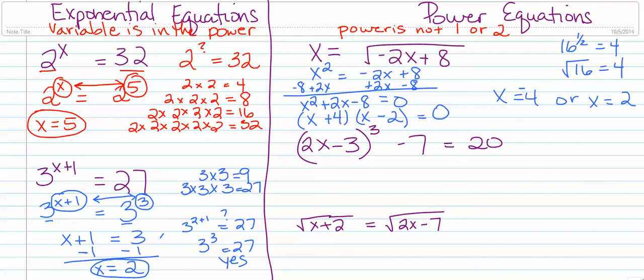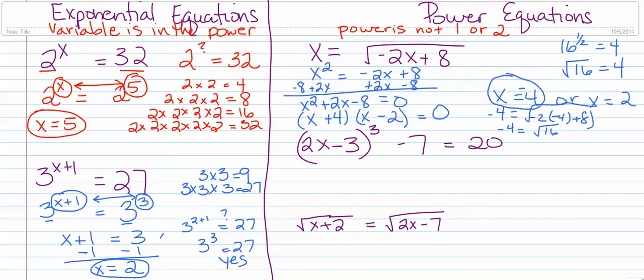Does negative 4 equal the square root of negative 2 times negative 4 plus 8? Well, negative 2 times negative 4 is positive 8. 8 plus 8 is 16. And when I take the square root of 16, do I get negative 4? Well, does negative 4 times negative 4 give me a 16? Sure it does. So the square root of 16 can be negative 4.